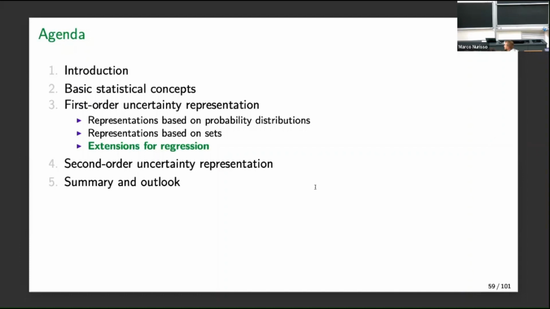This might be an issue for notions such as strong calibration. But overall, the methods I discussed based on sets are very scalable to large data sets. The algorithms are quite efficient.